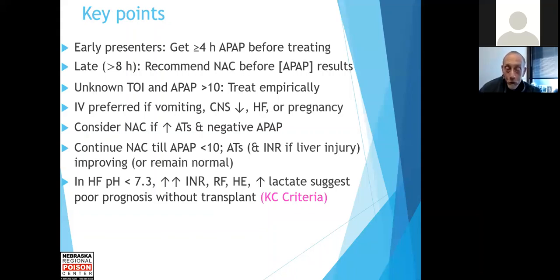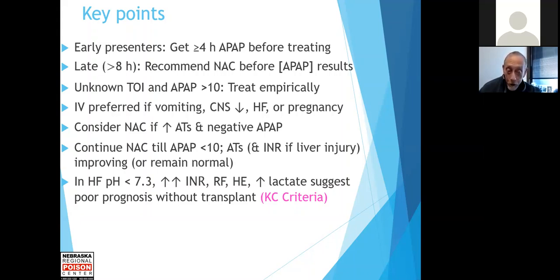And if they're early presenters with a known time of ingestion, you've typically got time to get a level, see where you're at, and use the Nomogram. If they're late presenters, you're behind the 8 ball. If they're 12, 15 hours out, then it makes more sense to start the treatment while the labs are pending.